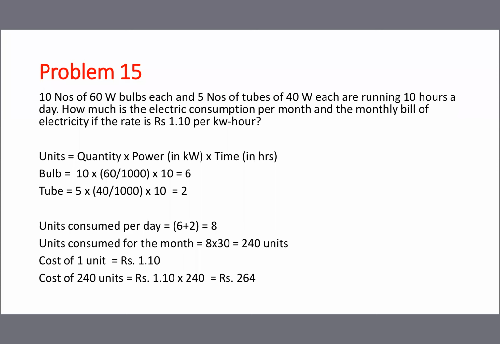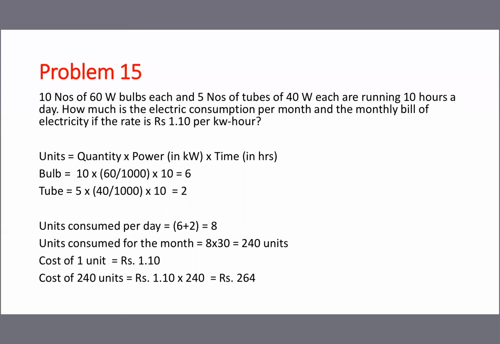Here bulb and tube are given. Suppose one motor is given, which is not in this problem. Suppose a 2 HP motor is given, then convert into kilowatt: 2 into 735.5 divided by 1000. You substitute in terms of kilowatt and multiply with time.